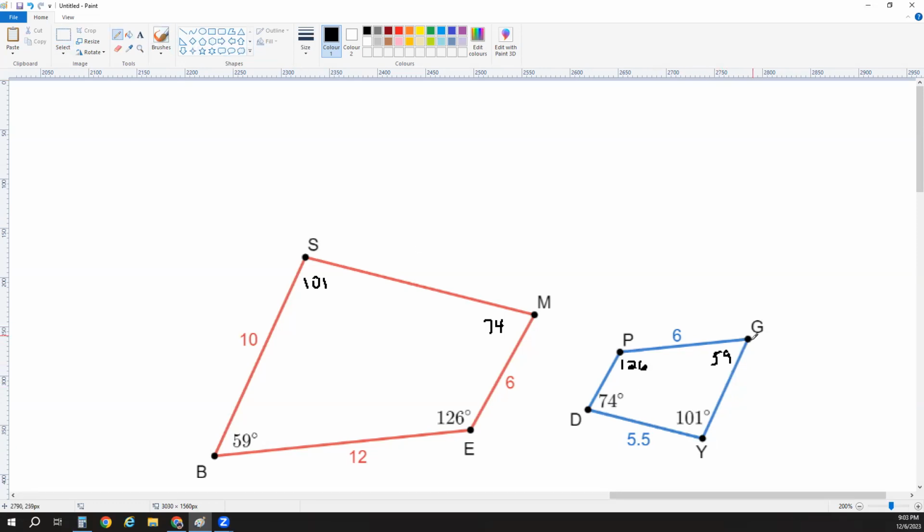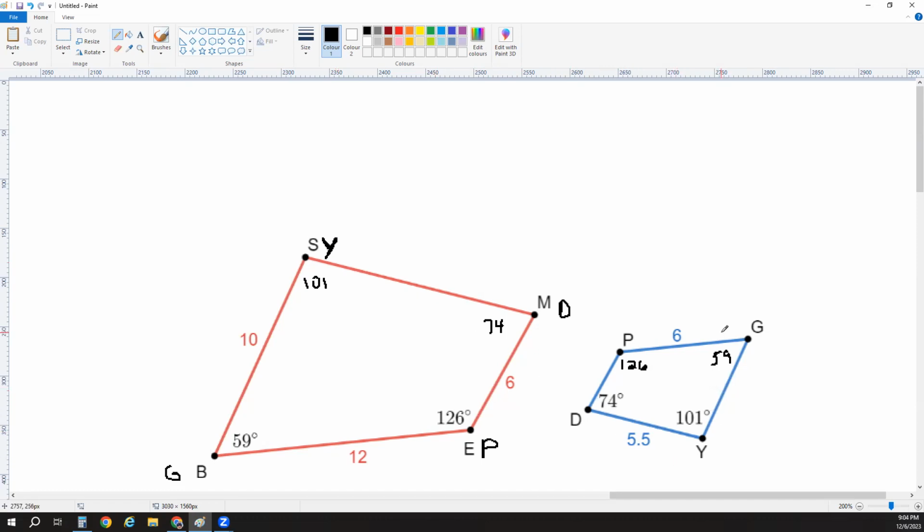So G goes with B. That's G. Right, and then P is gonna be with this one with P. I guess it does help to line up the vertices. And D is gonna go with M. Y goes with S. So that's gonna help me match up my line segments.